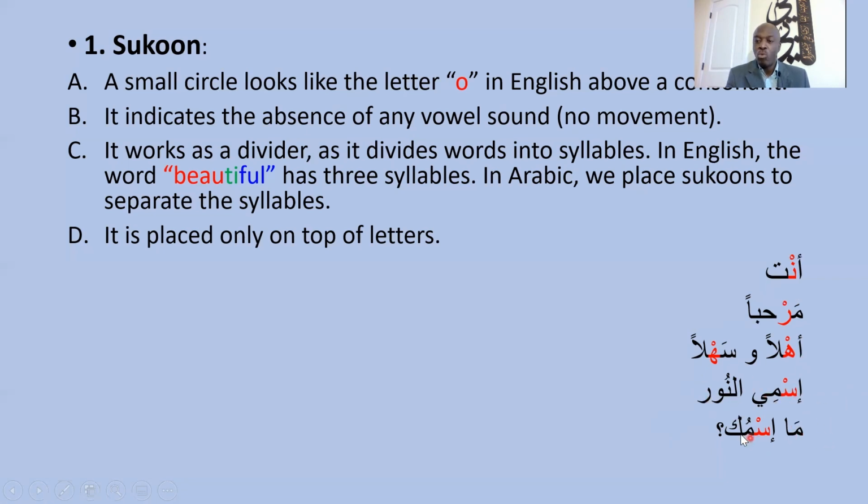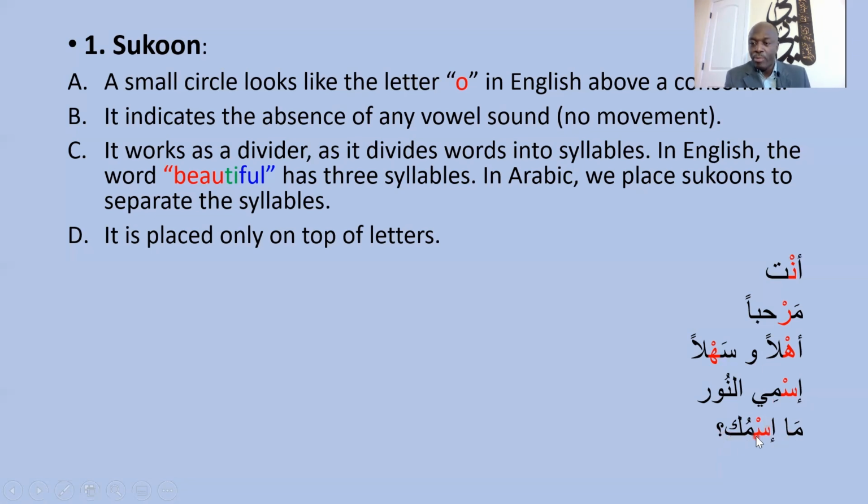Ma ismuk. Ma is "what," and ismuk is your name, singular, masculine, since ismi is my name. Here too we place the sukoon to indicate that we have two syllables and need to separate them.